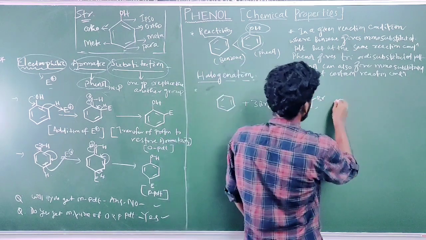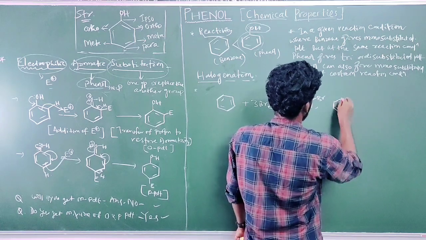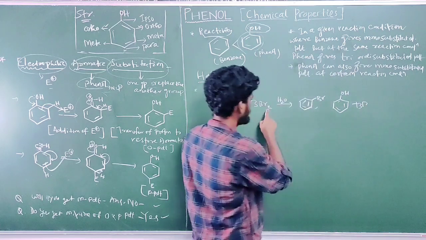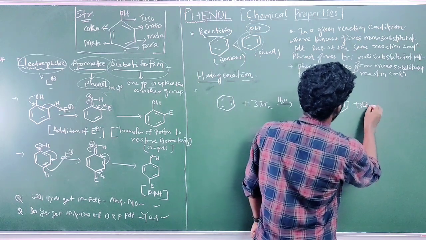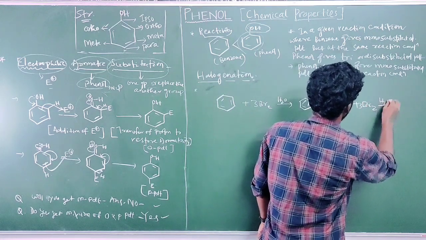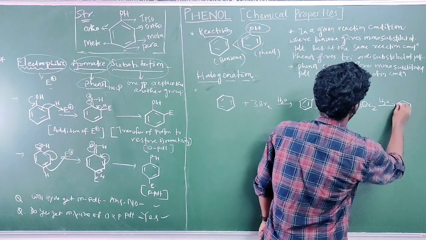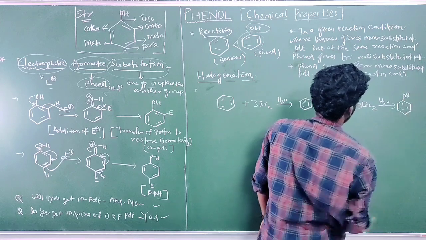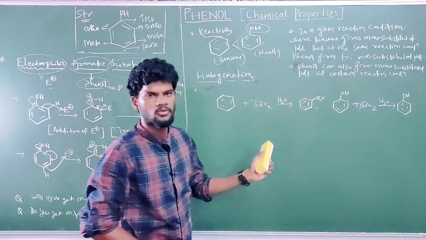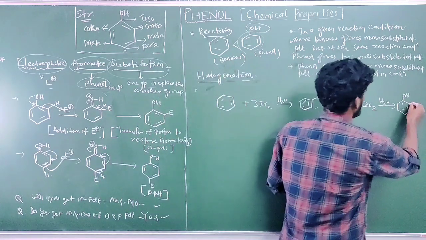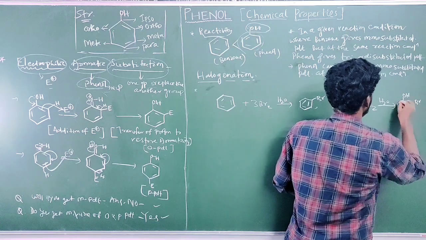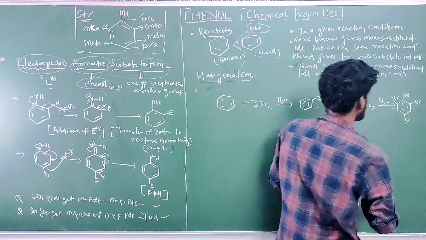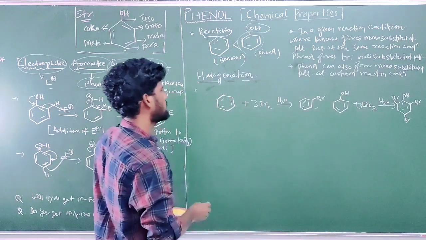But in the same case, if phenol is there, and the same 3 moles of Br2 and water as a solvent, you will get a tri-substituted product because of the high reactivity of phenol. OH is tri-substituted at which position? 2 ortho positions and 1 para position. Here is an ortho, so Br is attached here, now Br here and Br here. This is the tri-substituted product. Okay, this is the difference.